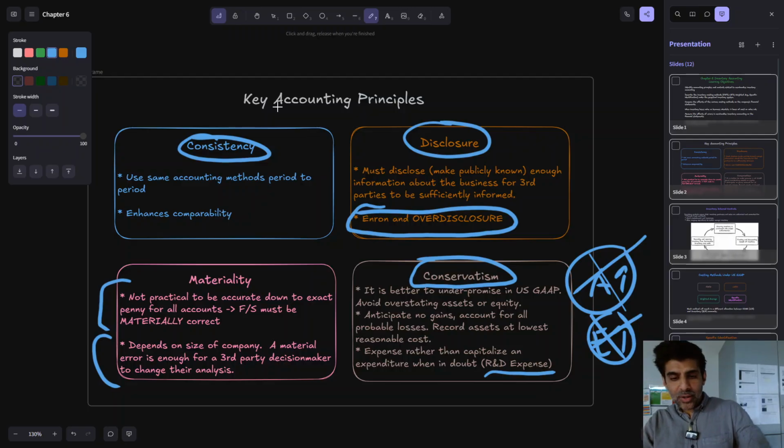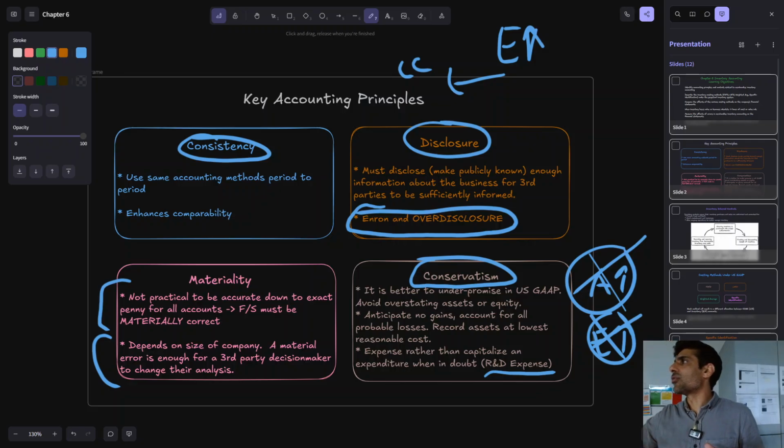Yeah. So look, how do you overstate equity, right? How is equity going to be overstated? Contributed capital is really just a fixed amount. Your investors are going to give you some amount of money and they're going to get shares. So there's no real risk here. Okay, contributed capital.